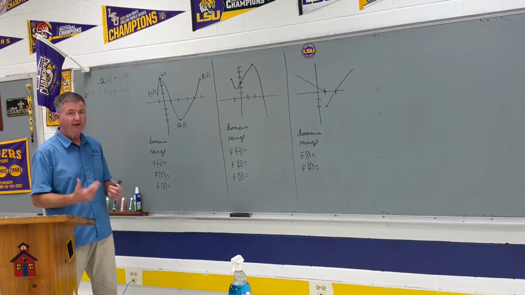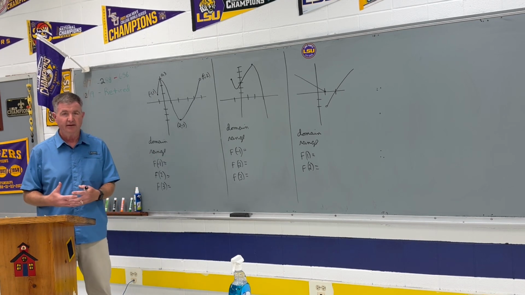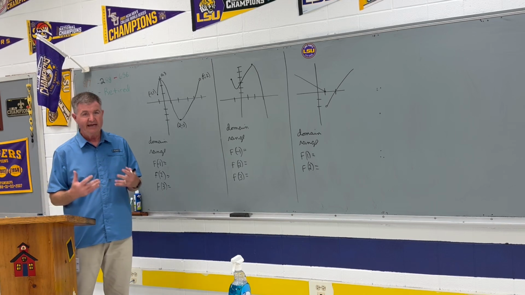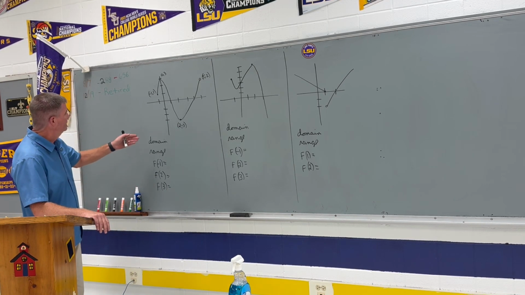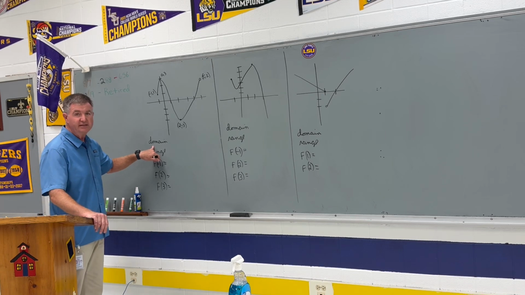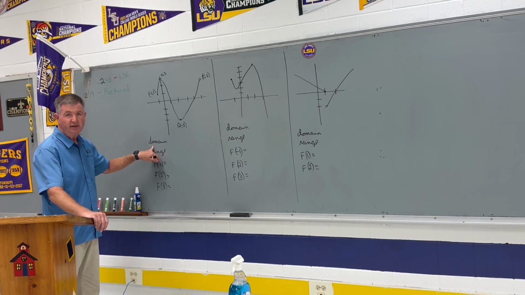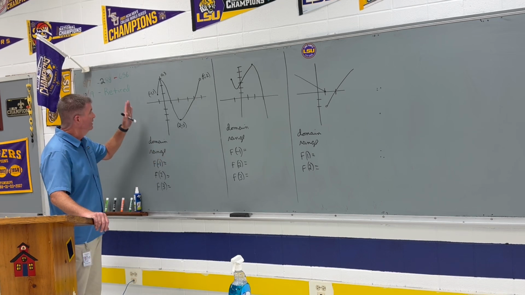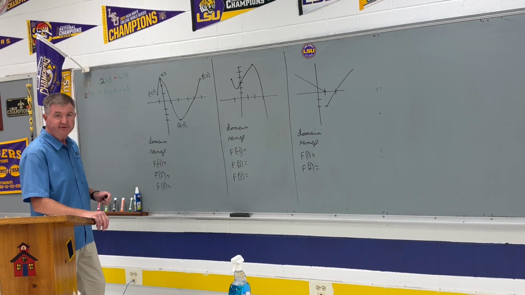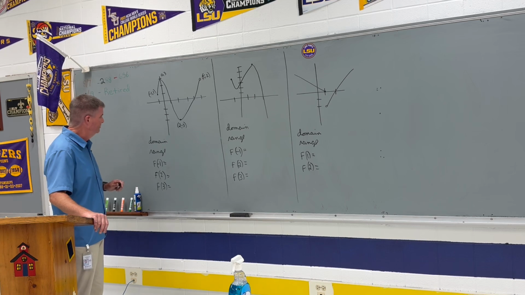Now, the domain, remember, is a set of numbers where the x value cannot be repeated. So in this, the domain wants to be all the x numbers from the smallest to the largest. So we always look at the graph from the left to the right, left being the smaller numbers.